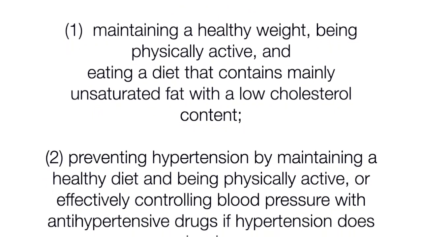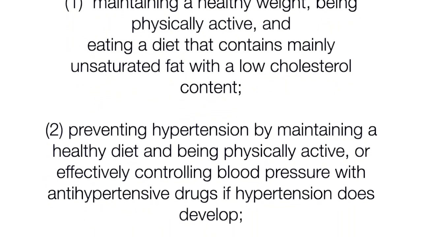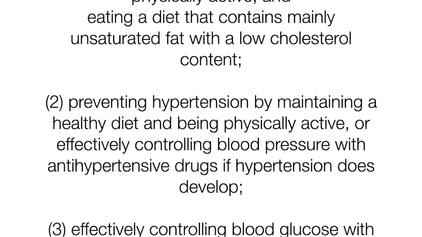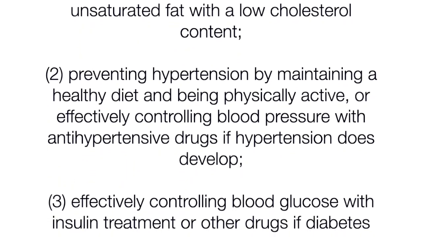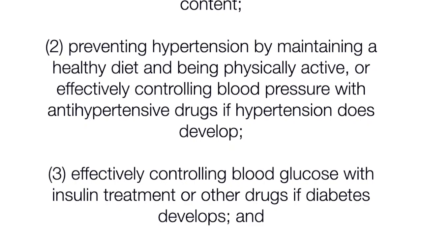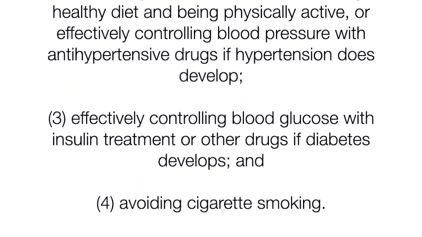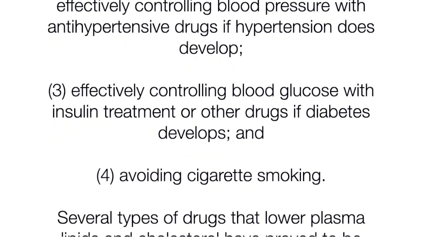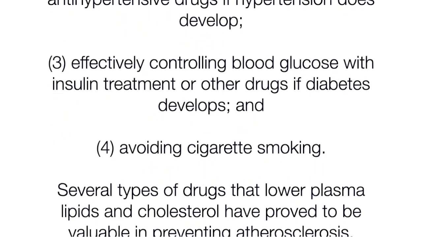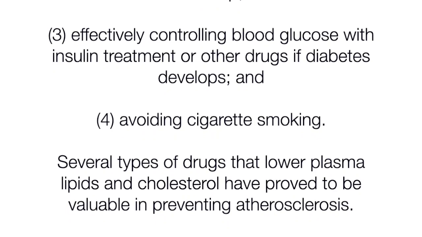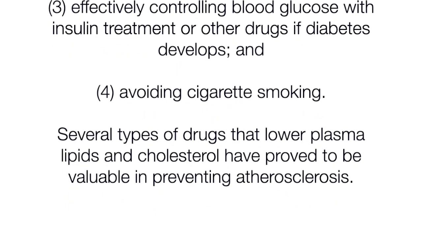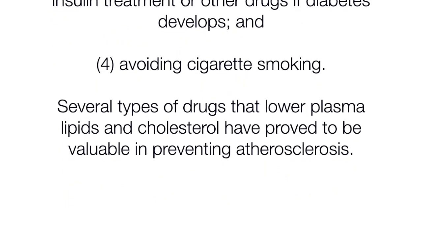Preventing hypertension by maintaining a healthy diet and being physically active, or effectively controlling blood pressure with antihypertensive drugs if hypertension does develop. 3. Effectively controlling blood glucose with insulin treatment or other drugs if diabetes develops. And 4. Avoiding cigarette smoking.